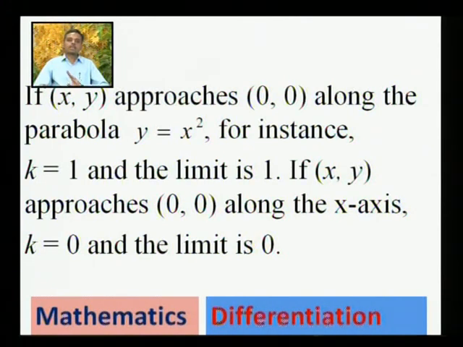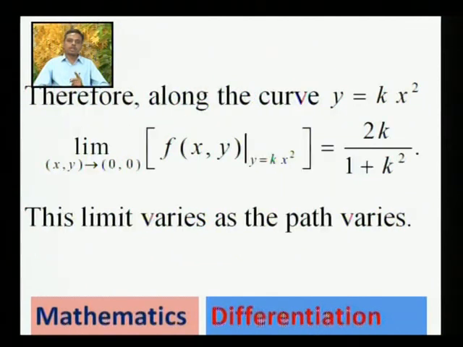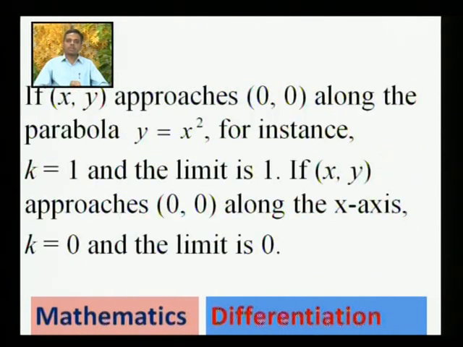Now, let us take another path, that is, if (x,y) approaches (0,0) along, say, the x axis. Now, on the x axis, you know the y coordinate is 0. So, if you put k equals 0 in this expression, you get y equals 0, and on the right hand side you will get 2 into 0, that is 0, divided by 1, so 0.